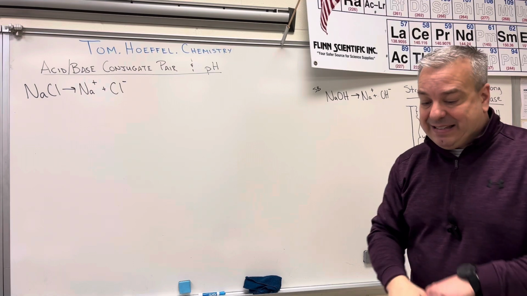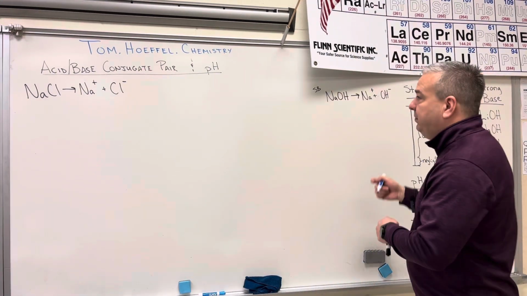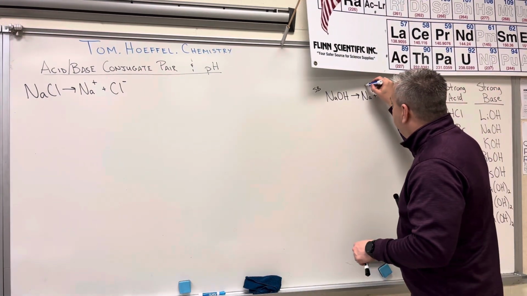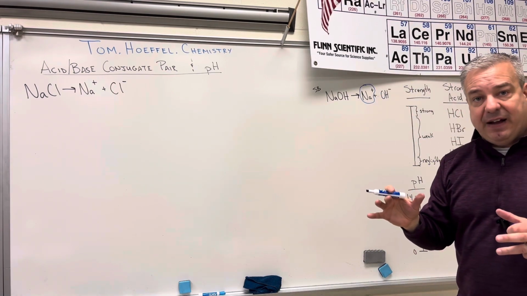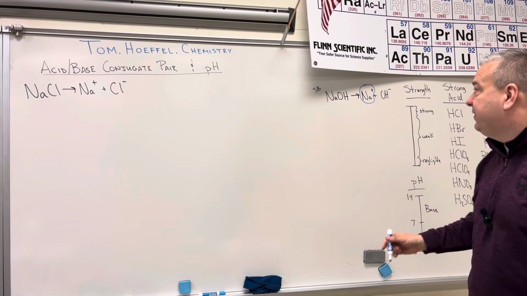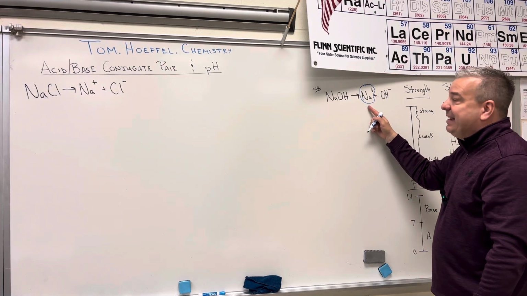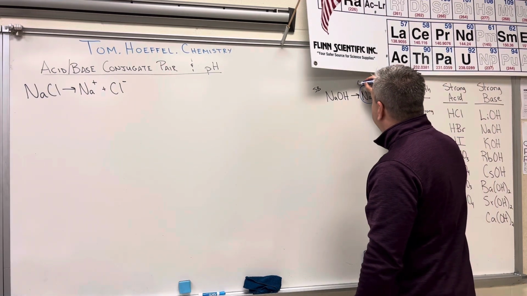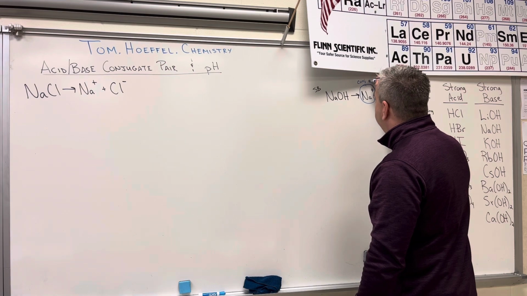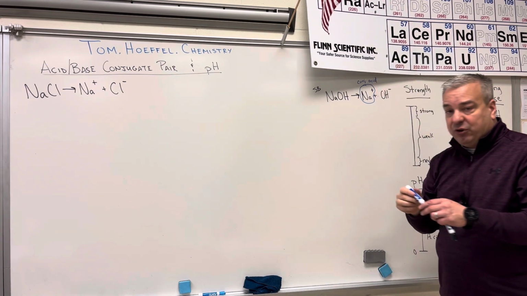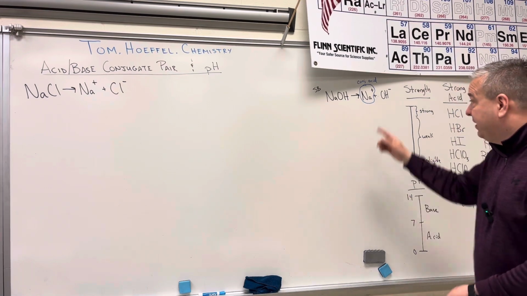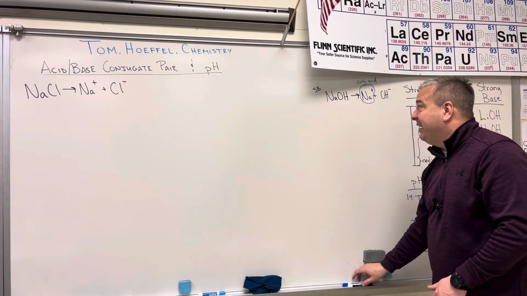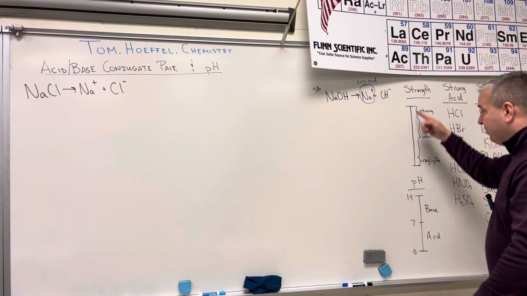Its conjugate is going to be the sodium ion. If you don't know how to identify conjugates, you need to watch the previous videos. This sodium ion is the conjugate acid. Now, what we're trying to determine is the strength of that conjugate acid, the sodium ion, and the way you do that is through this scale.